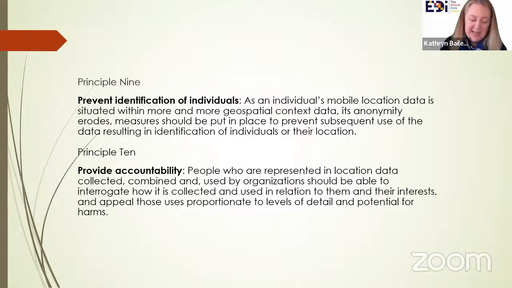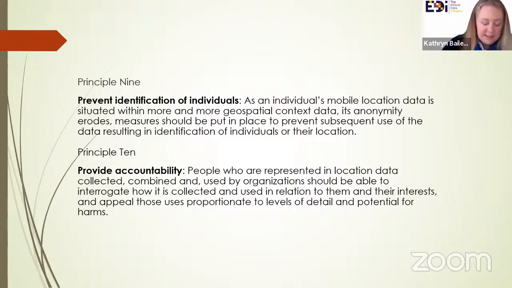And finally, principle 10, provide accountability. People who are represented in location data collected, combined, and used by organizations should be able to interrogate how it is collected and used in relation to them and their interests, and appeal those uses, proportionate to levels of detail and potential for harms.